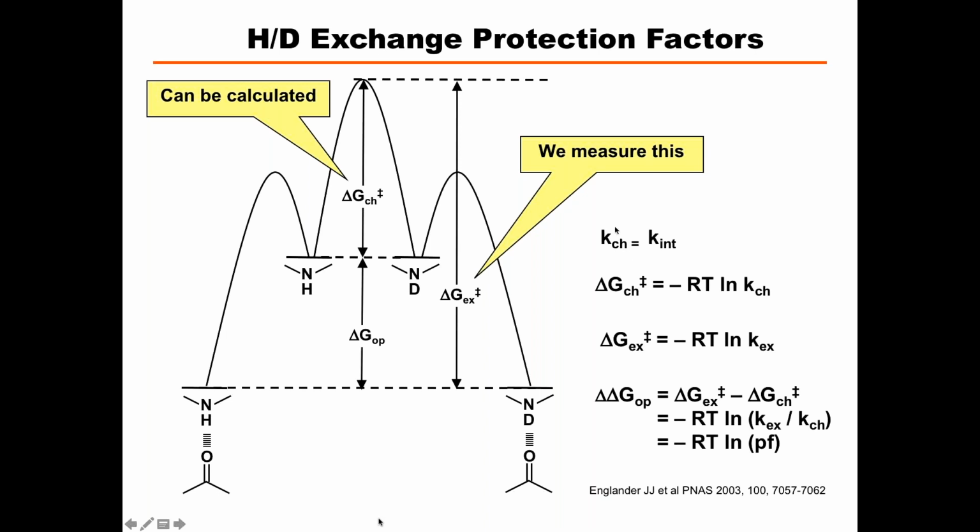The chemical exchange is related to the intrinsic exchange rate, so you can calculate this with this equation. We measure this, so you can calculate K delta G EX. And if there is a hydrogen bond, you can then calculate the overall delta G for opening that region of the protein using the following equation, and that KEX over K intrinsic is the protection factor for that region.